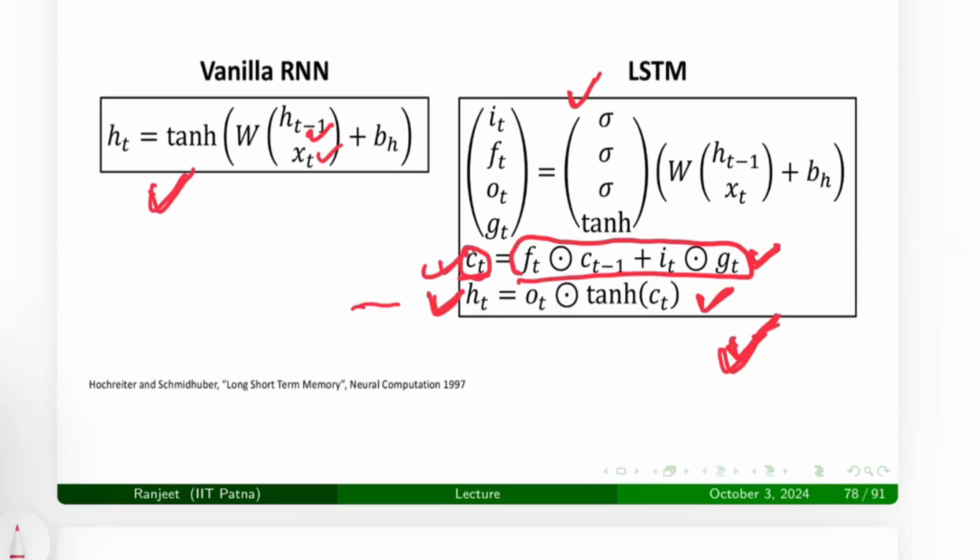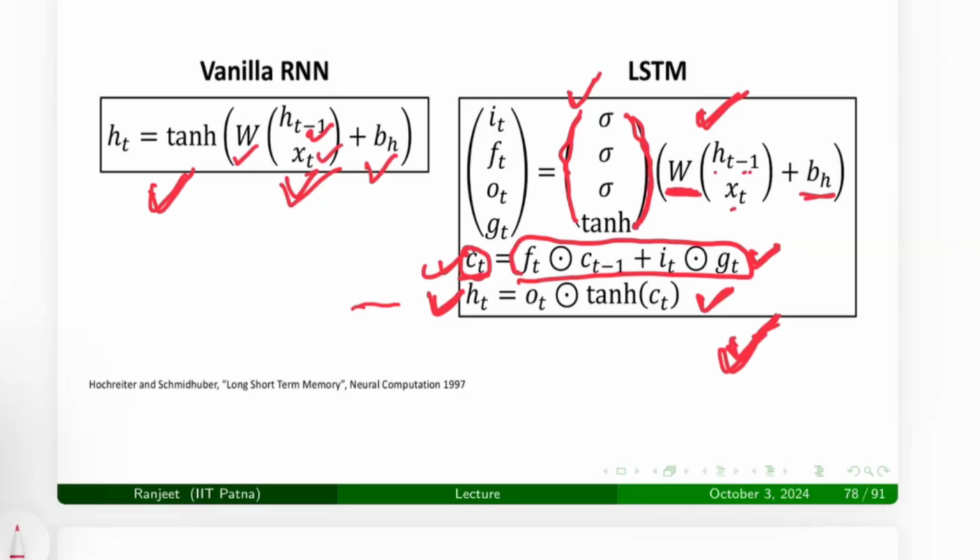So the initial formula: we have this W, similar to vanilla RNN, and that W is getting multiplied with HT minus 1 and XT, adding bias, similar to vanilla RNN. But we have four different things here. So we applied this W over this, added bias, and then we applied these four activation functions.